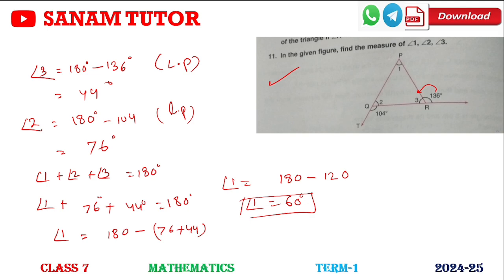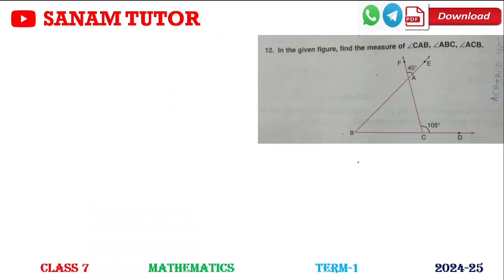So next question, find the value of CAB. Okay. So we know that CAB is equal to 45 degrees because of vertically opposite angles. So this angle will be 45. Okay. So now find ABC.